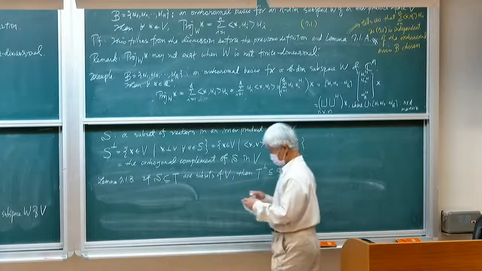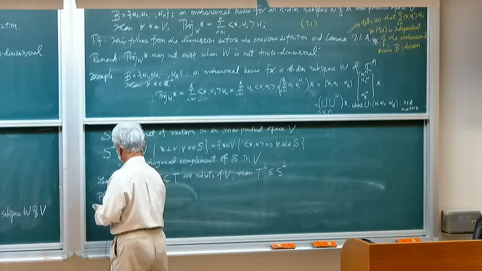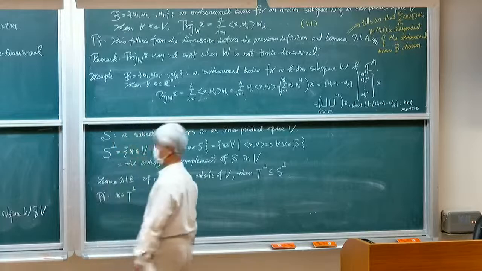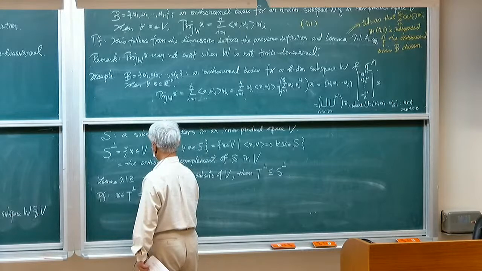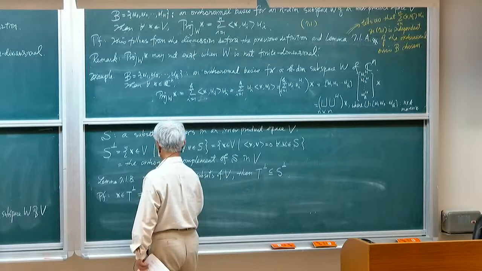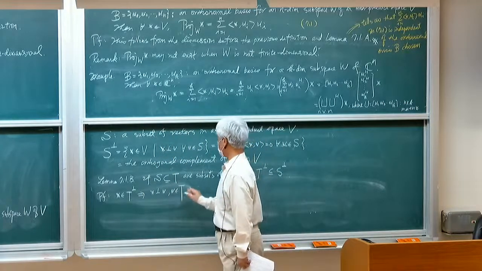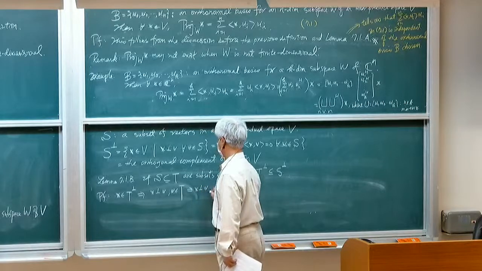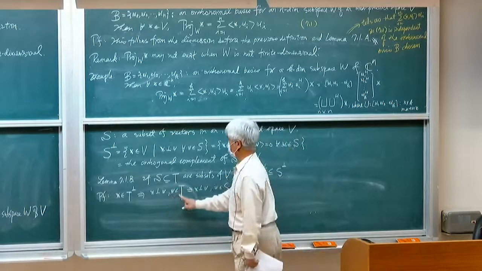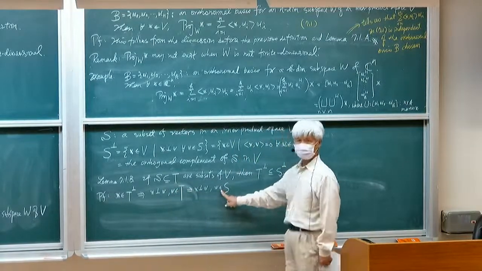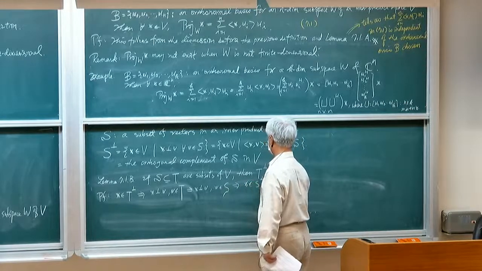But if you really need a proof, I can give you a simple one. If x is in the orthogonal complement of T, this implies that x is orthogonal to all v in T. But T is bigger, so if this is true for all vectors in T, then it must be true for all vectors in S. So this implies that x is in S perp, and we are done.